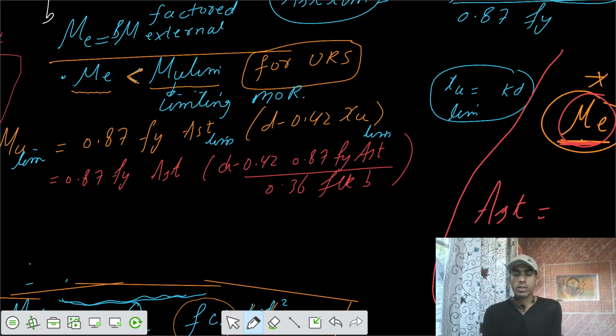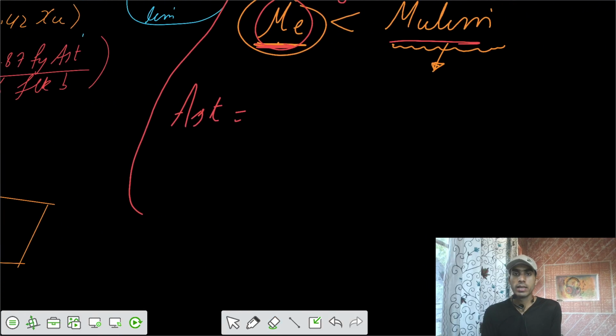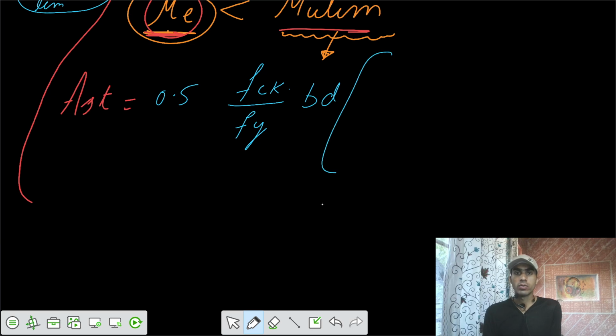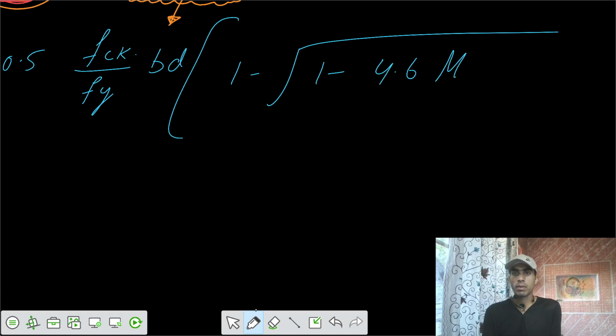And on further simplification, you remove this limiting, and you can get the equation that Ast equals, this is the simplified equation we have, 0.5 fck by fy b d into 1 minus root of 1 minus 4.6 times the bending moment.